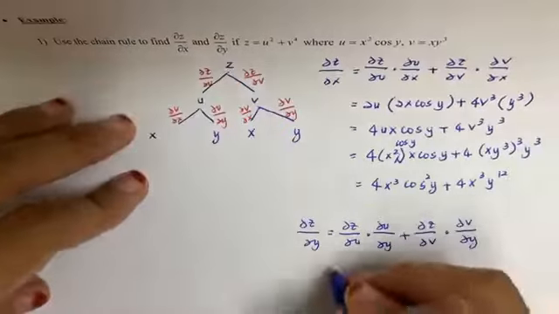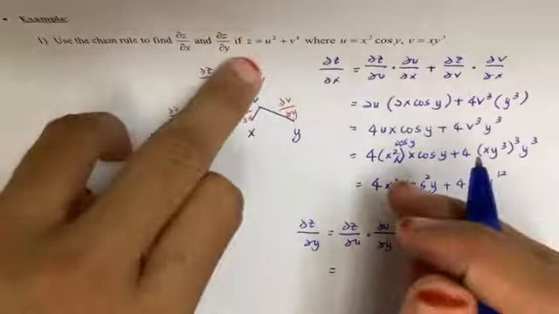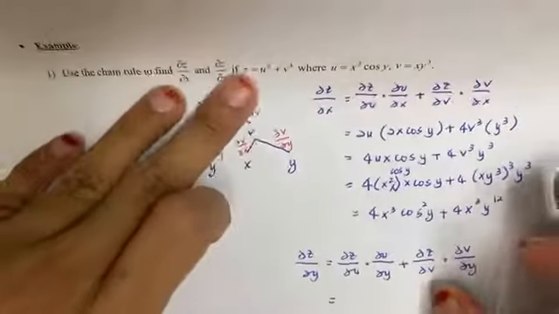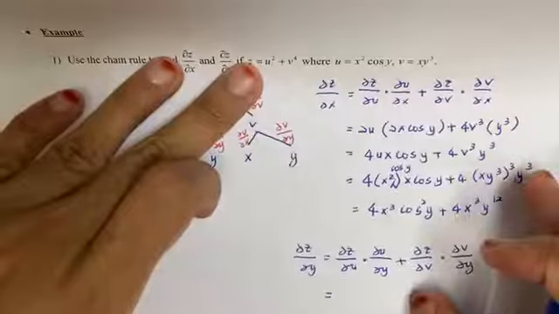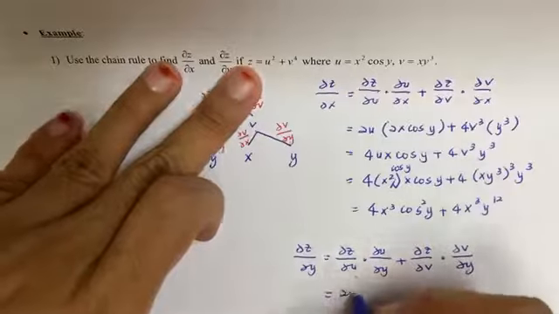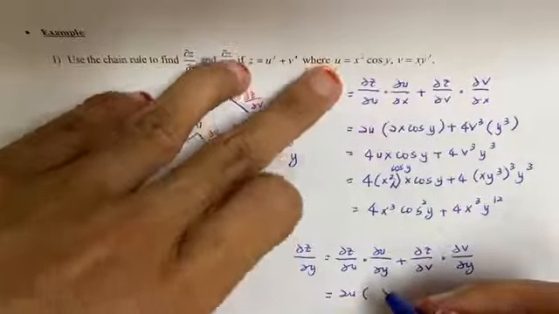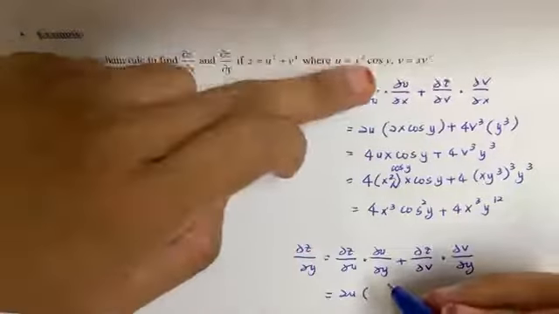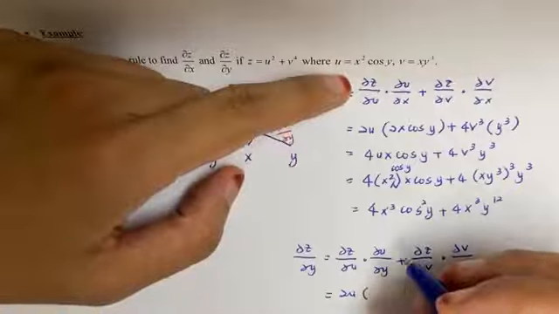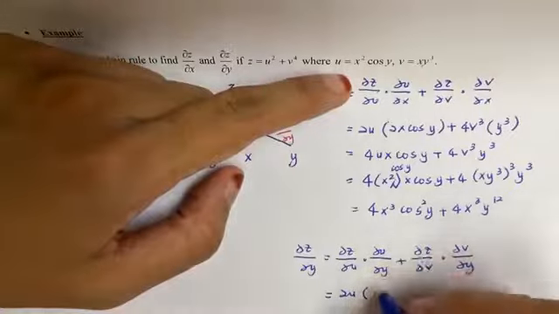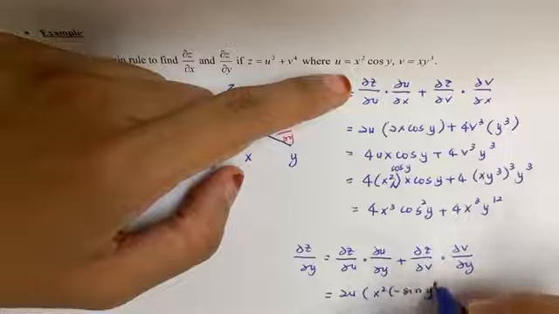Again, differentiate z with respect to u, you have 2u multiplied by differentiate u with respect to y. Differentiate cos y, you have minus sin y, so this is x squared times minus sin y.